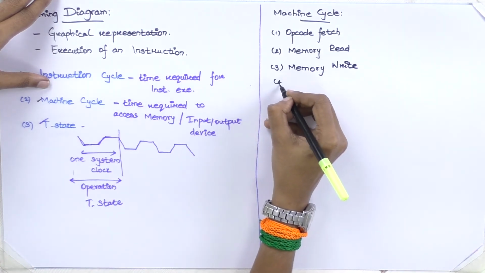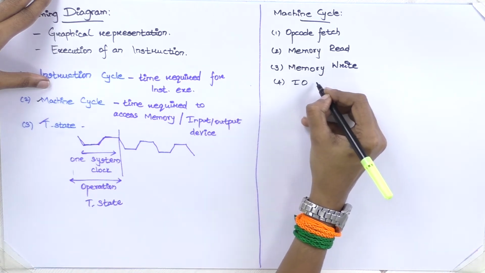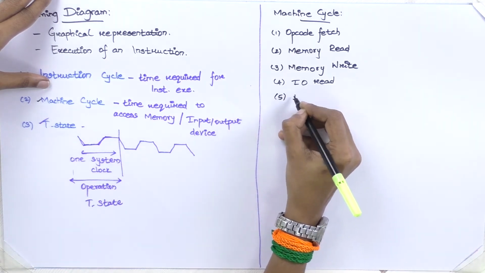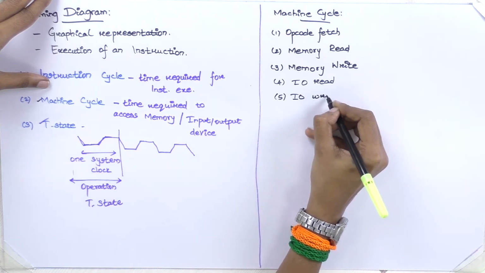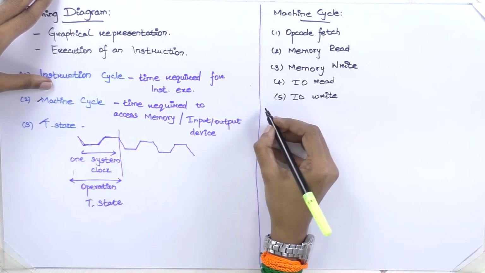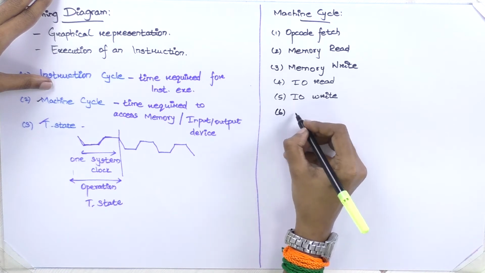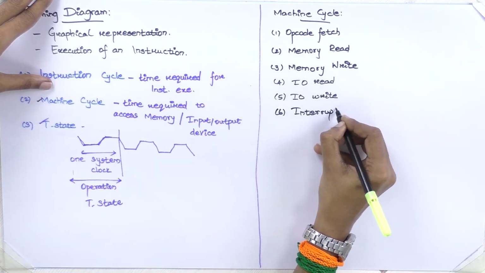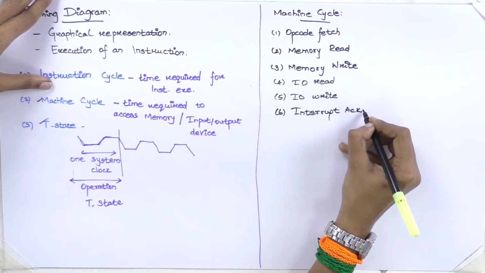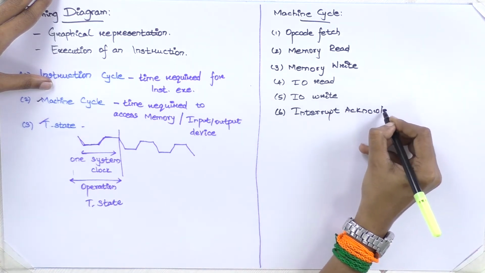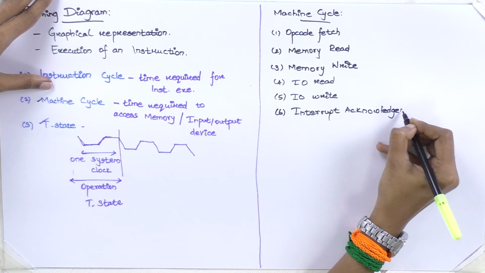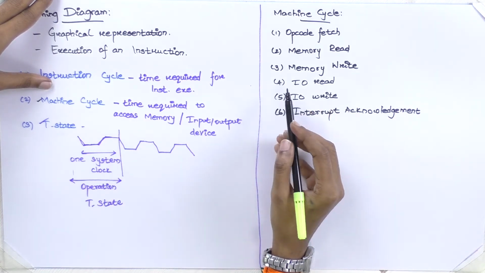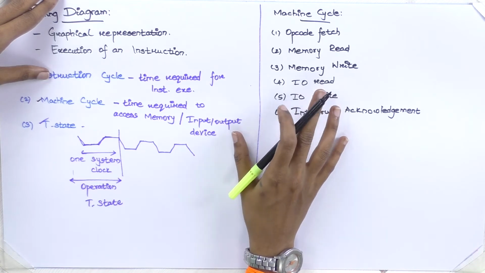In input output devices we will do IO read, then IO write. Then interrupt acknowledgement. Fine. So these are all the 6 machine cycles that we use in the timing diagram.